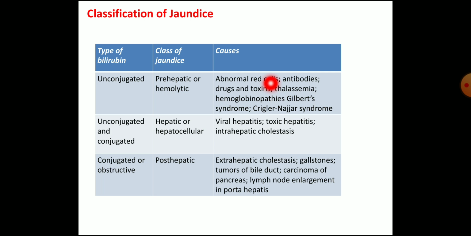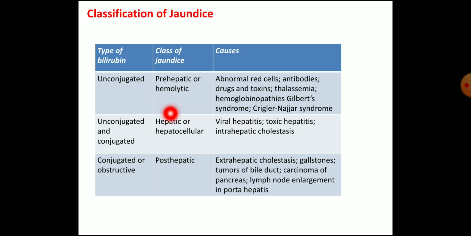So these are the common disorders where there is excessive hemolysis. Rh incompatibility and autoimmune disease all cause lysis of RBC and produce prehepatic or hemolytic jaundice. In all these cases, unconjugated bilirubin is increased.